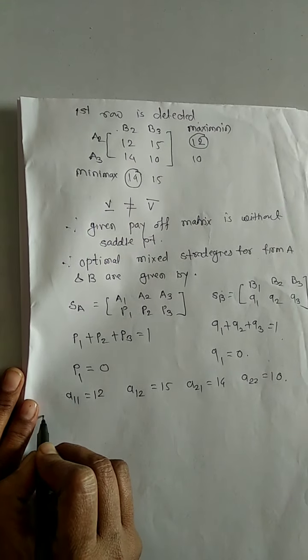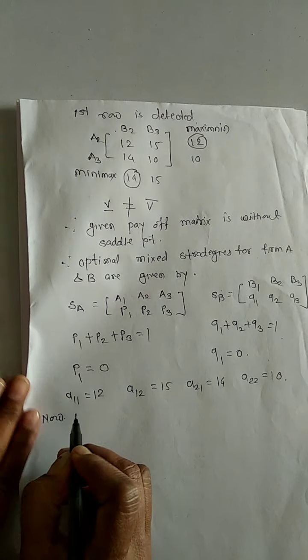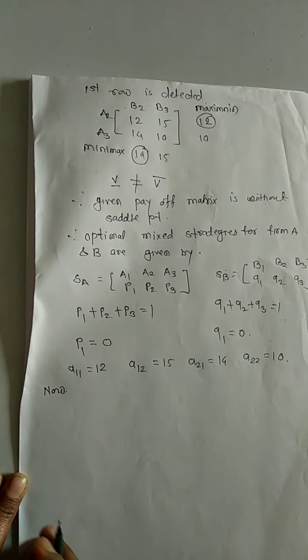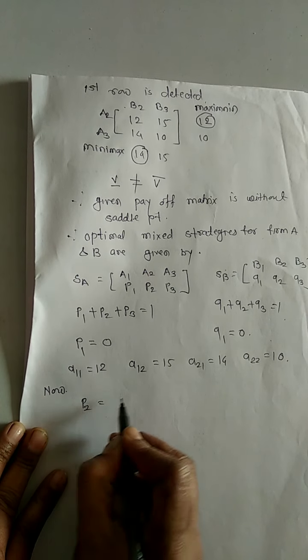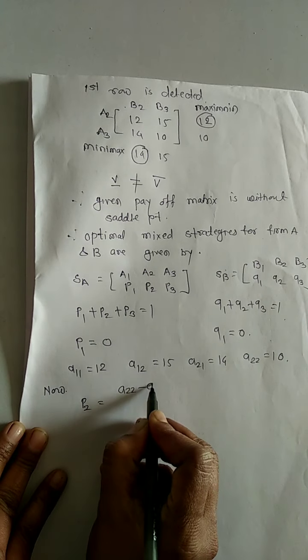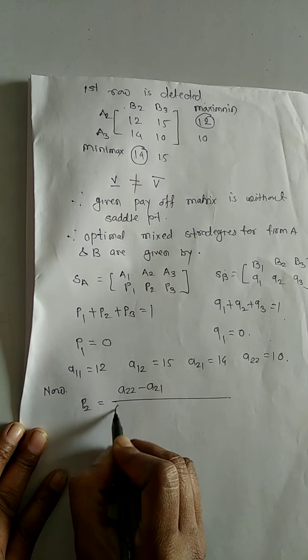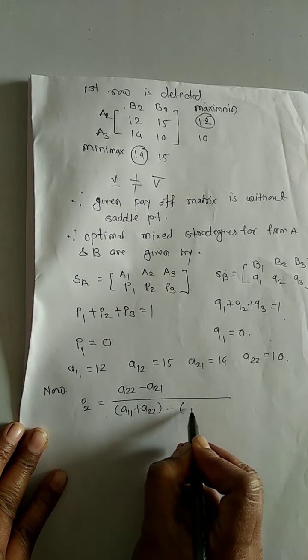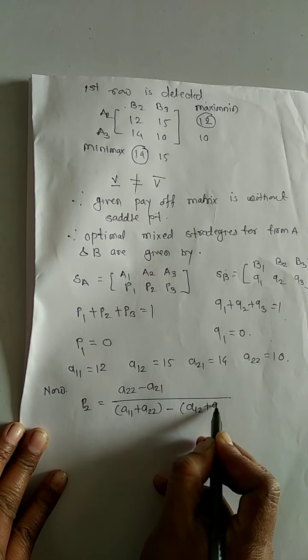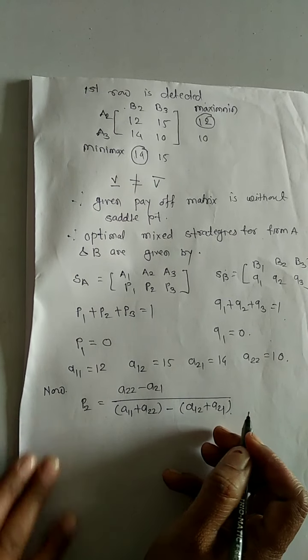Now we know the formula for mixed strategy: P2 is equal to A22 minus A21 upon A11 plus A22 minus A12 plus A21.